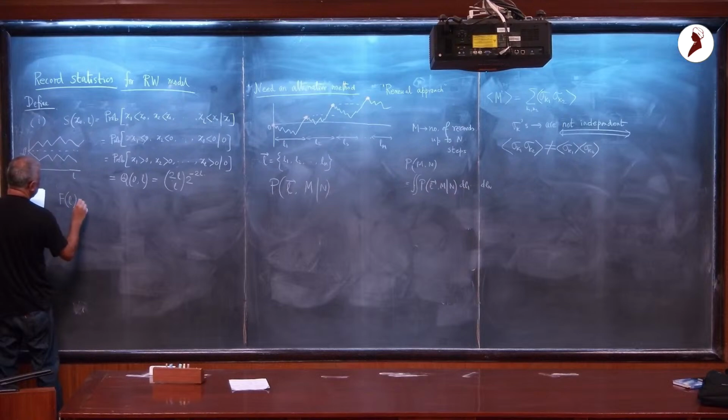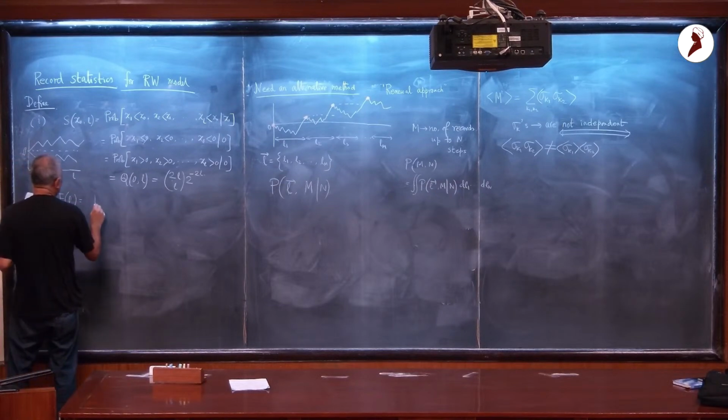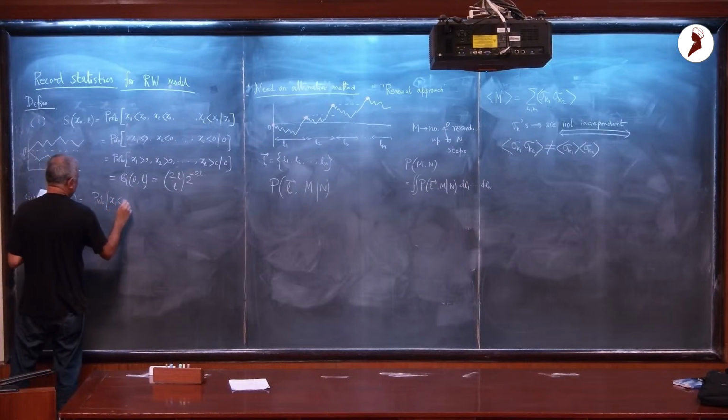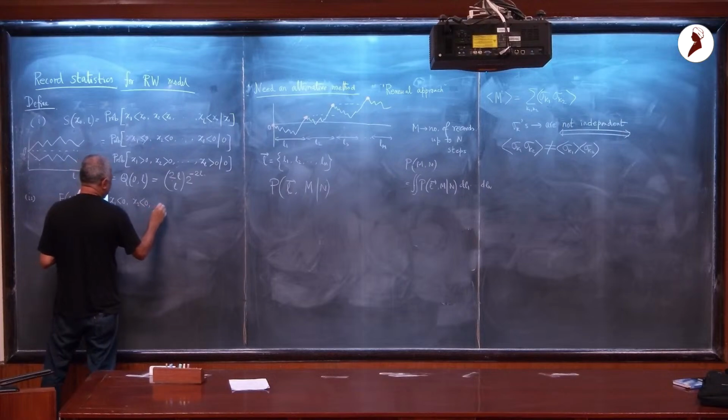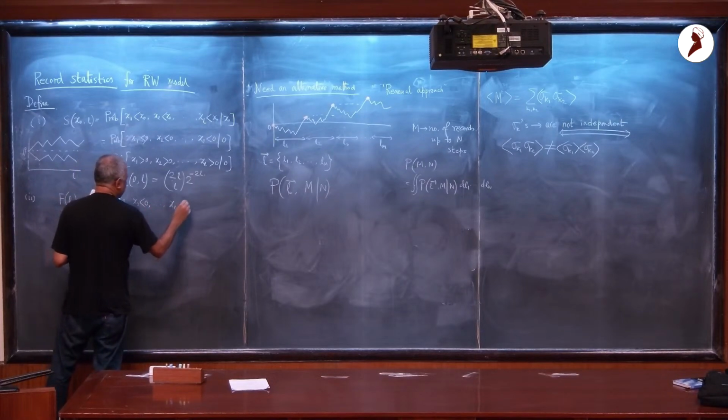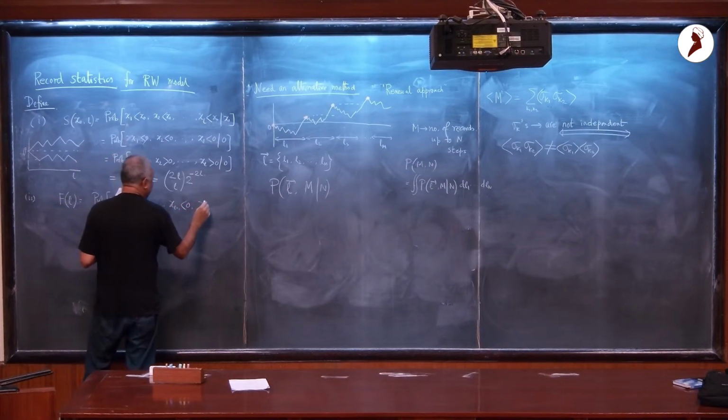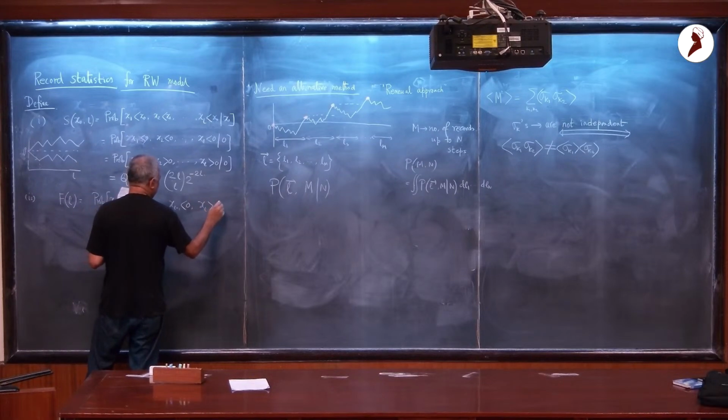So I define FL, which is the probability that the first step stays below the origin, the second step stays below the origin, up to step L minus 1 below the origin, and the Lth step becomes positive, starting from the origin.